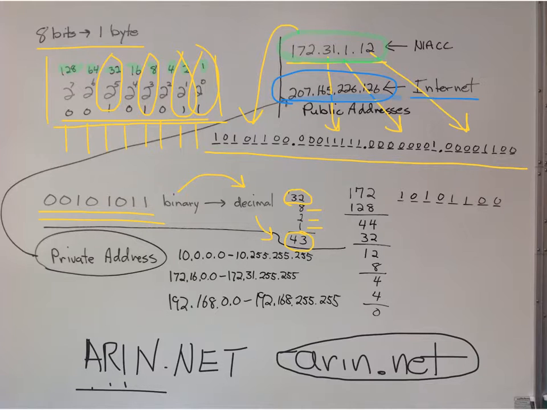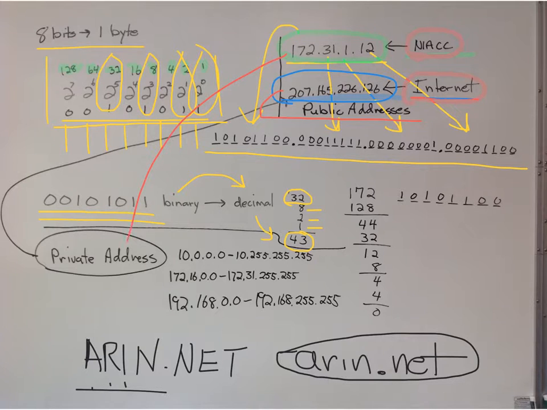Okay, this address up here is what we use for NIAC. So this address is internal to NIAC. This address is public to the internet. So this address is a public address.